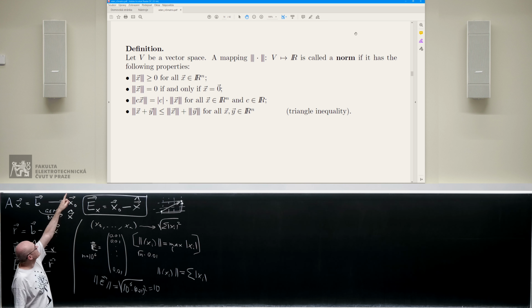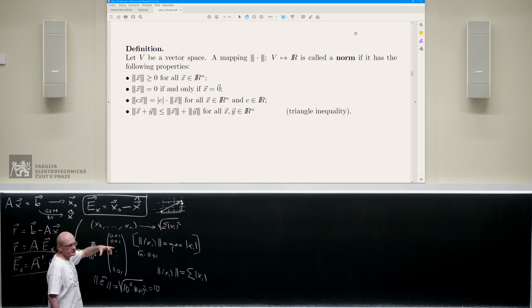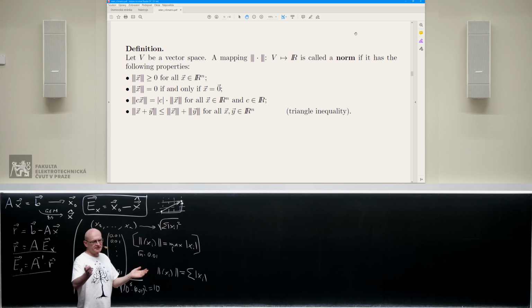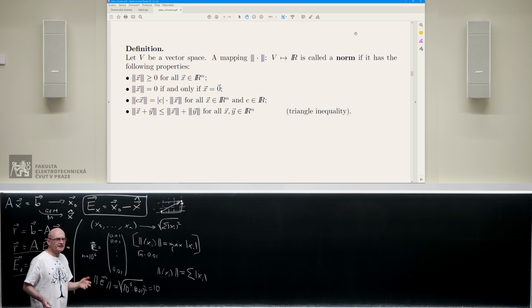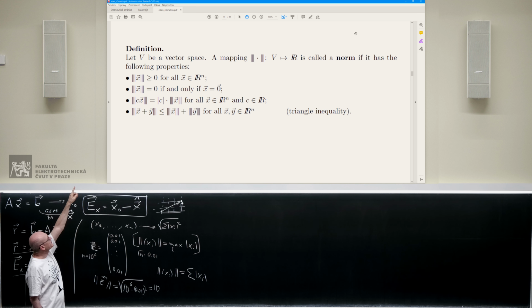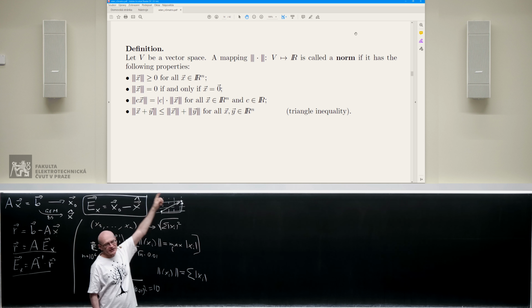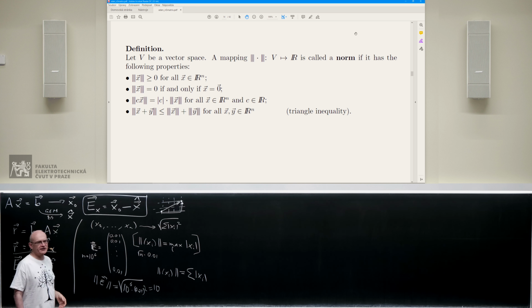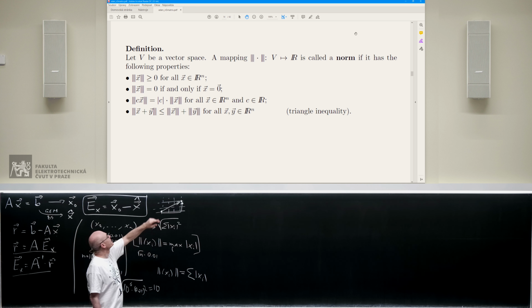The first requirement asks that all magnitudes defined in this way have to be non-negative. This makes sense. When you say that something has a negative magnitude or negative size, this sounds bad. So this is a reasonable assumption. The second requirement is that the only element which has magnitude 0 is the 0 itself. This is also very convenient. It makes sense in applications.